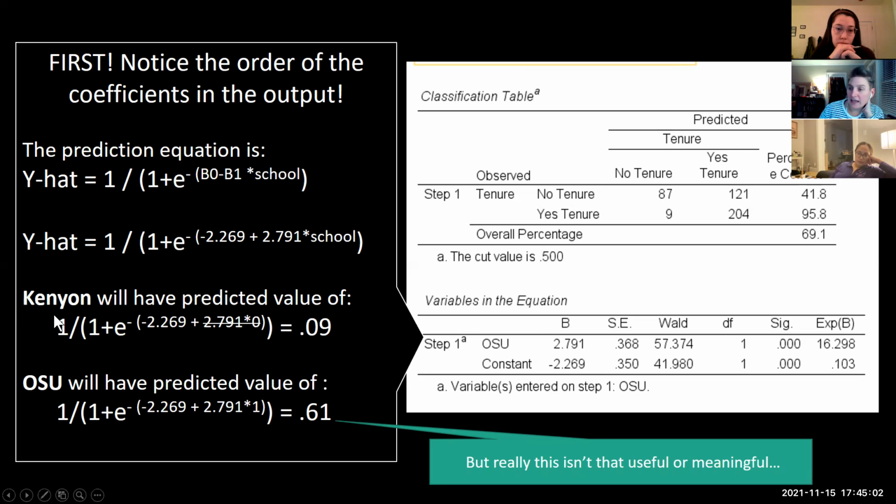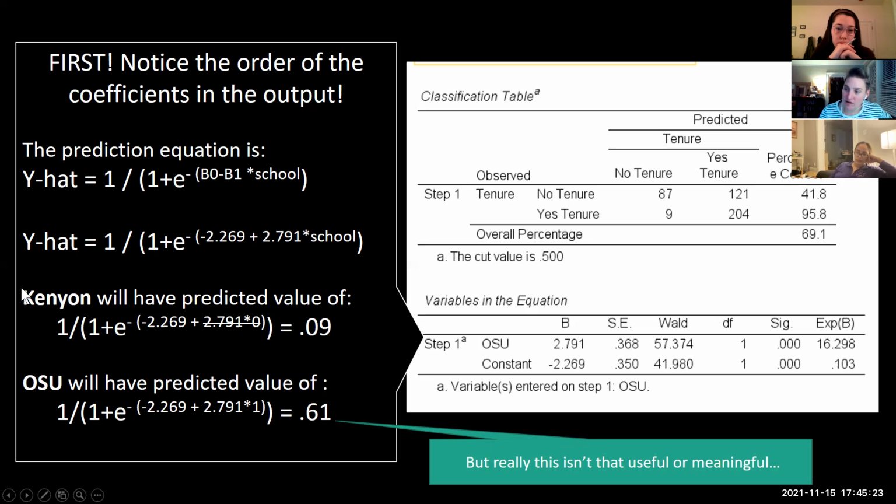And just like we did with our OLS regressions or with our GLMs, you can fill in your x values into this equation to get your expected score on y.